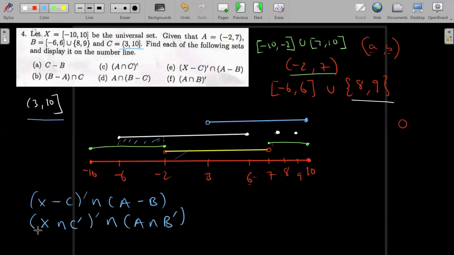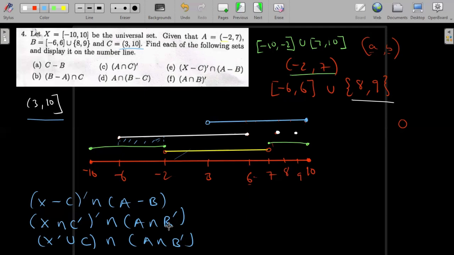The complement can distribute, so I have X complement, then the sign flips from intersection to union, and I have C. Then in between, intersect A intersect B complement. This is what I'm trying to find.